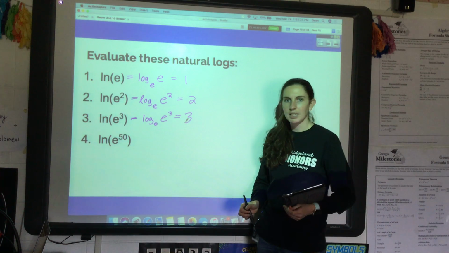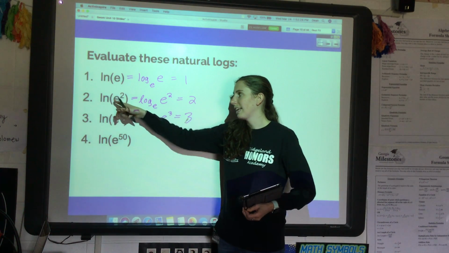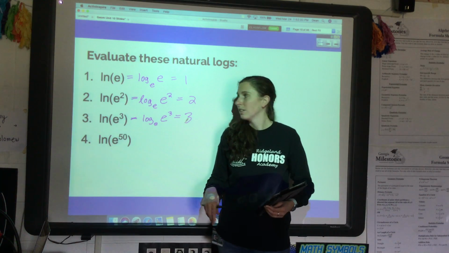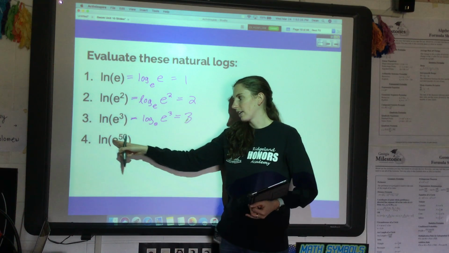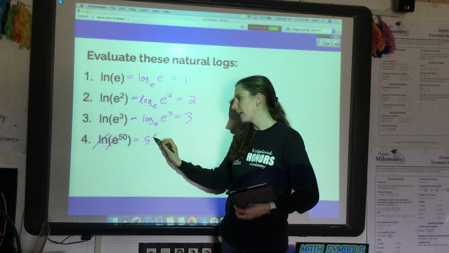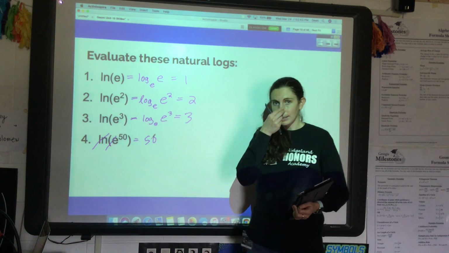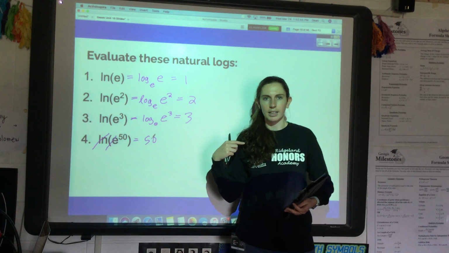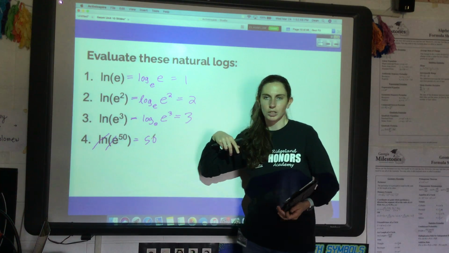So you may be noticing a pattern here. Basically, natural log and E cancel each other out, and you just get whatever's left in the exponent. So natural log and E are really just going to cancel each other out, and you're just left with 50. That always happens. If you want to go ahead and try it, you can actually put these in the calculator. So try natural log of e and see what you get.